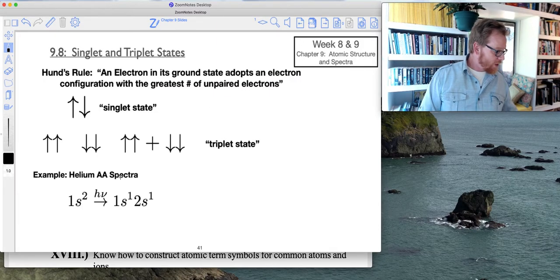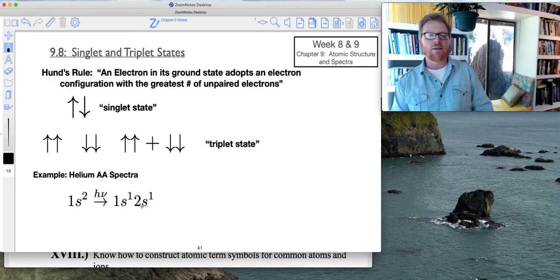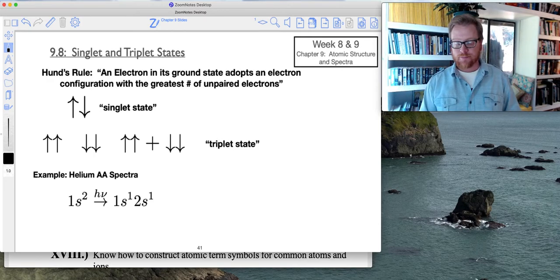So, for example, if we look at the helium atomic absorption spectra, we know when helium goes through its principal transition from the ground up, it goes from 1s2 to 1s1 plus 2s1. So what is this 1s1, 2s1 state?